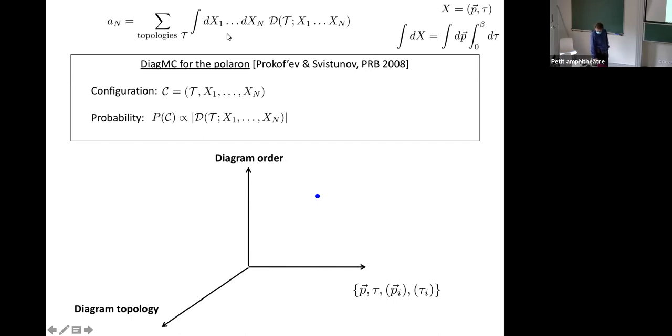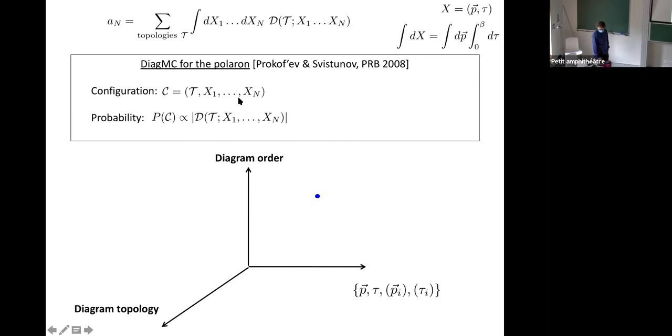So after integration, we just have this integrand, which is just the product of propagators as given by the Feynman rules. Now, the way the calculation works is that we just do a classical Monte Carlo, but we have to define a configuration, and a configuration will just be a particular topology and particular values of these internal variables.